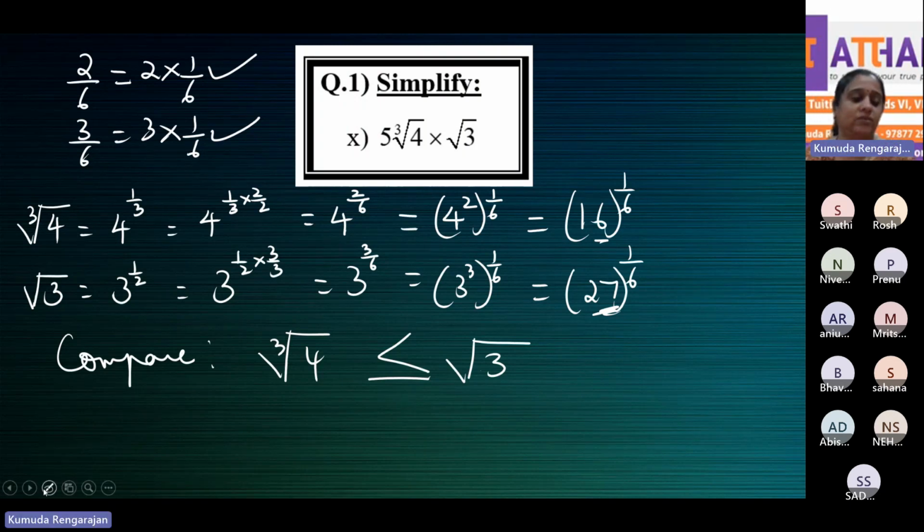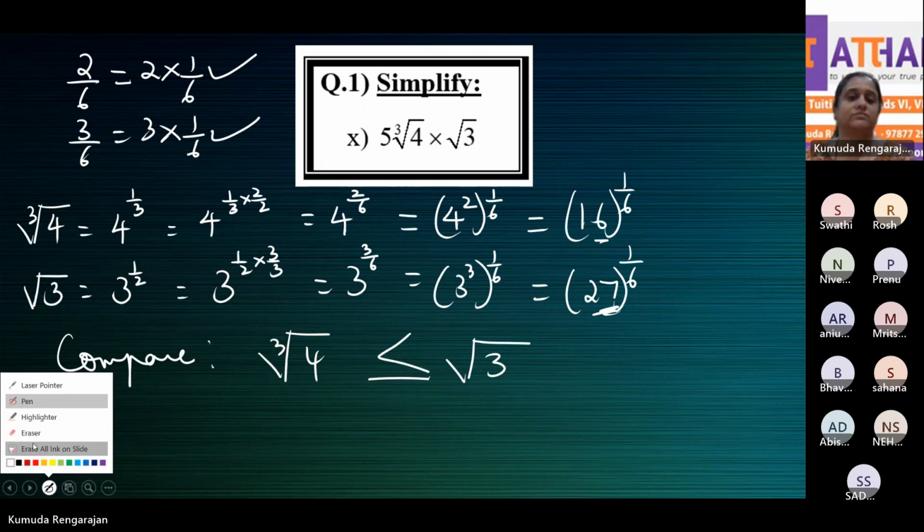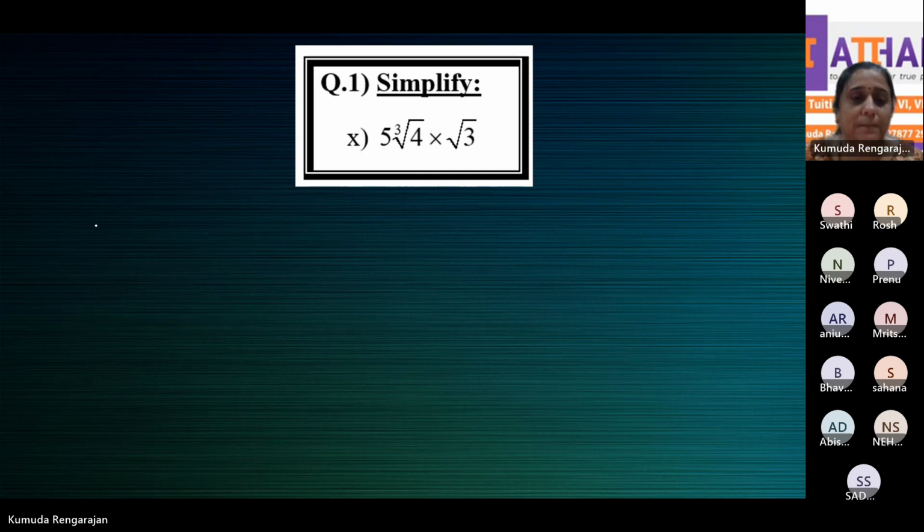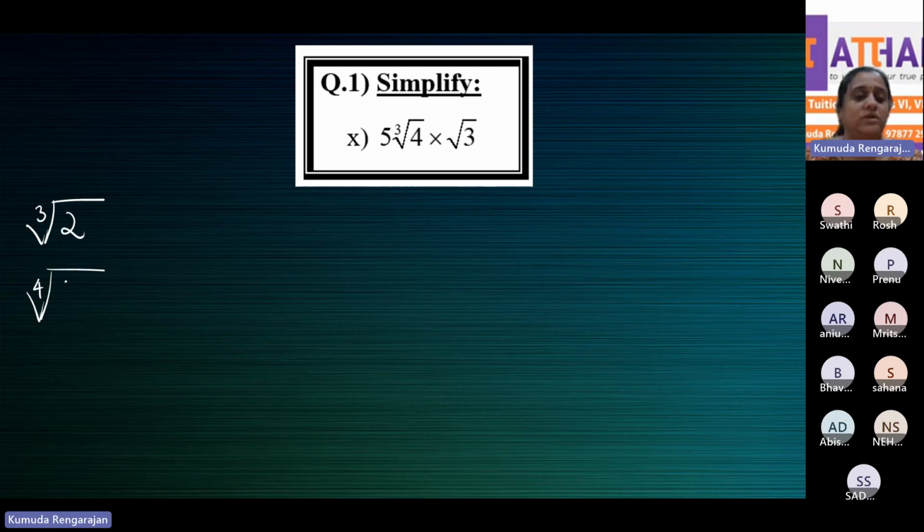So let me give you, try this, children. Bring both to the same power, okay? Supposing you have cube root of 2 and 4th root of 3.